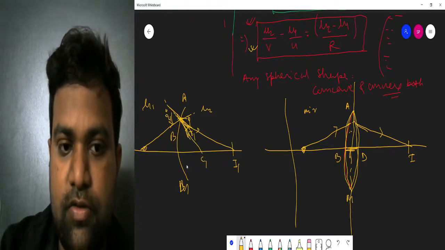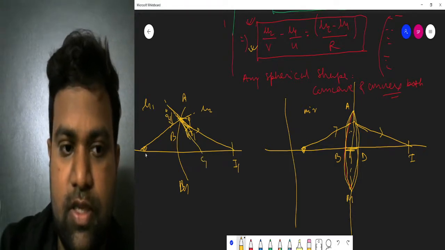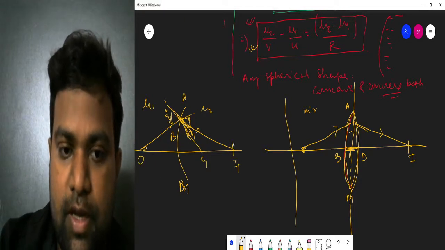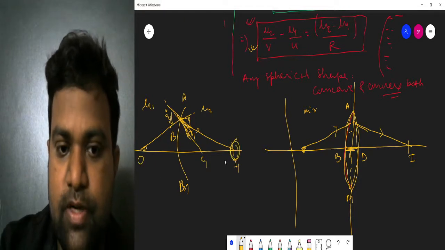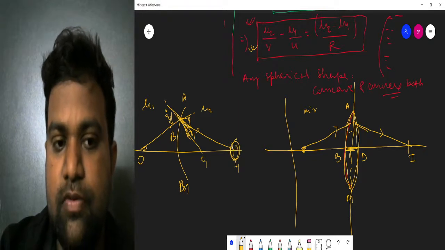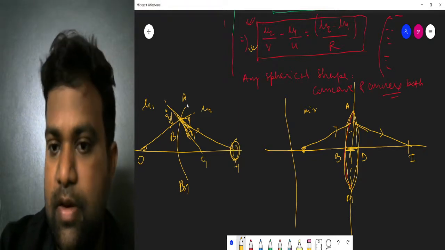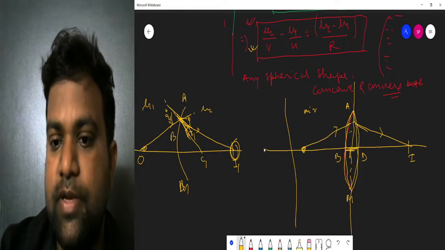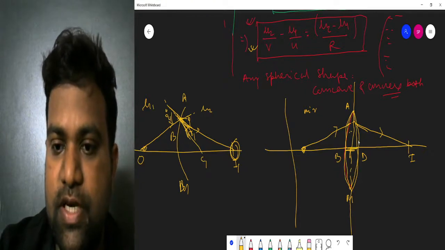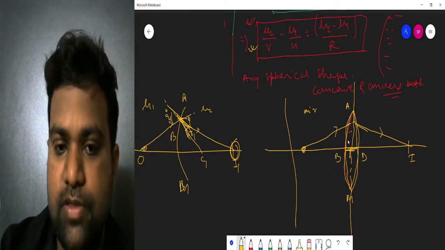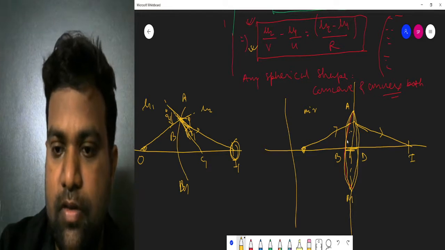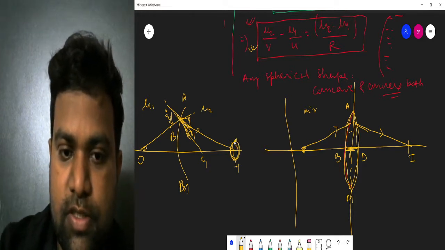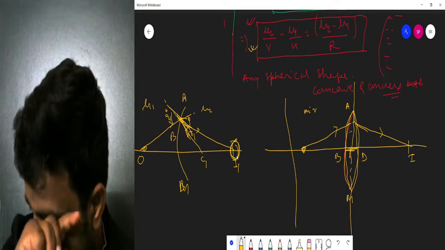This is your center, also C1, we write it like this, and this is O. Now, very important statement: the image formed by the left surface will serve as the object for the second surface, a virtual image.